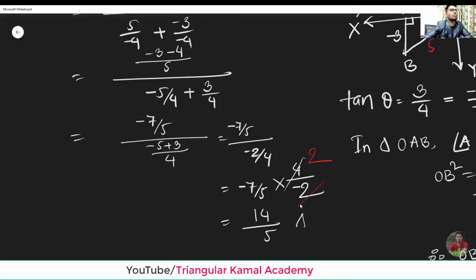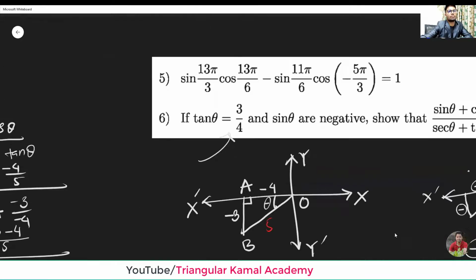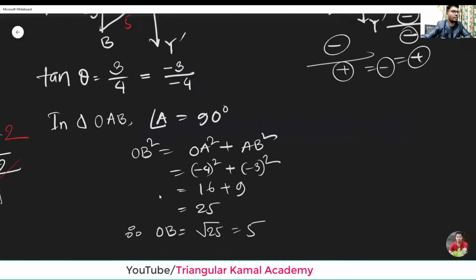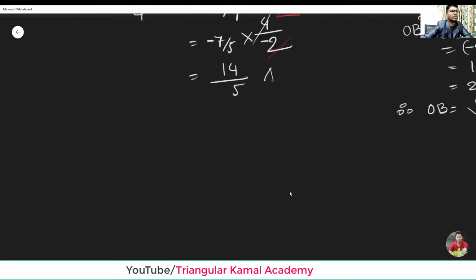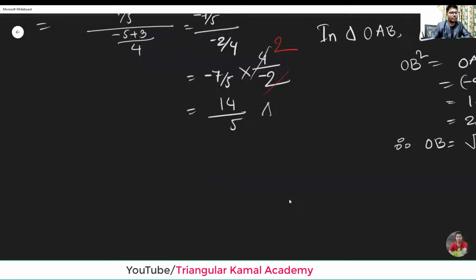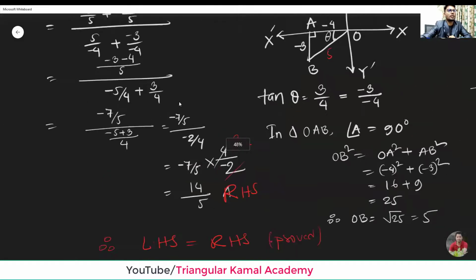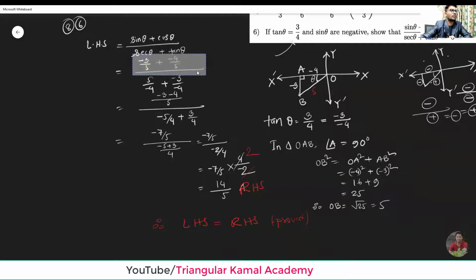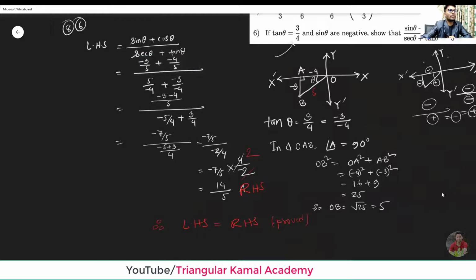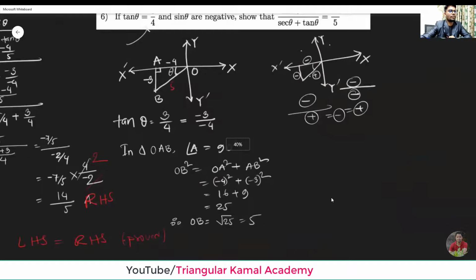And what is our requirement? Question number 8, 14 divided by 5. So now this is our requirement, 14 divided by 5. This is the right hand side. So left hand side is equal to right hand side, and this is proved. So dear students, I think we should explain the first step, because in the questions the given information is what we have to explain.